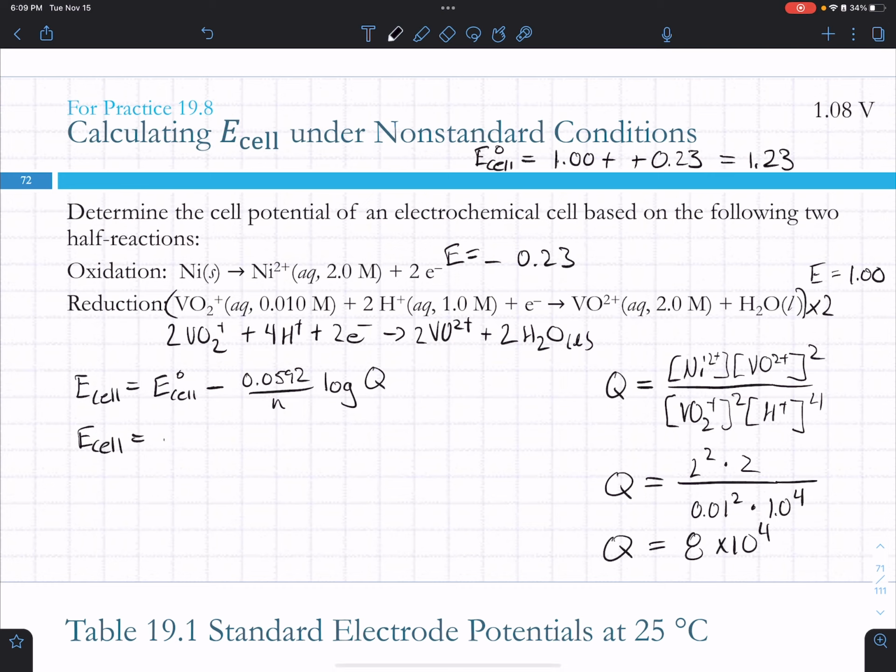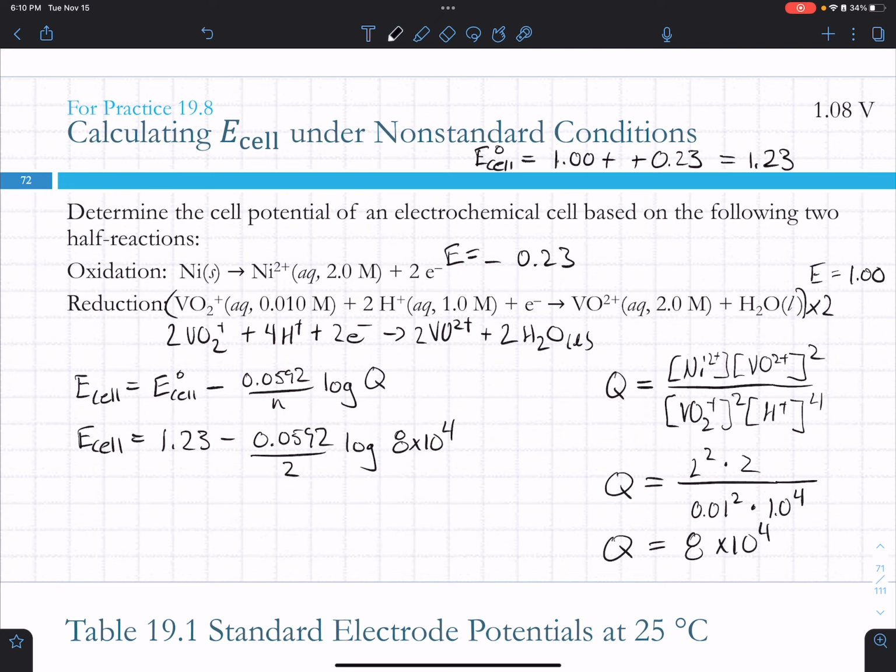So E cell equals 1.23 minus 0.0592 over the number of electrons, 2, times the log of Q, which is 8 times 10 to the 4. Before even typing anything in, do I think E cell is going to be positive or negative? Could be positive, could be negative.